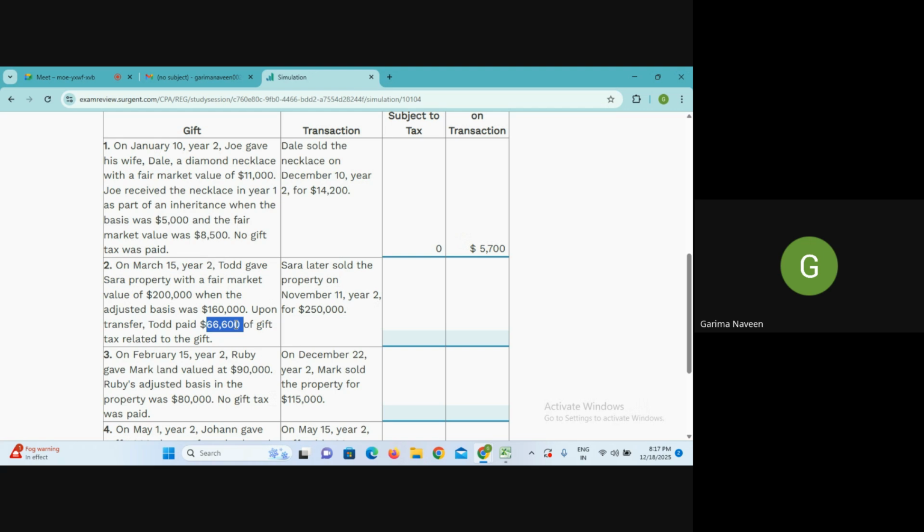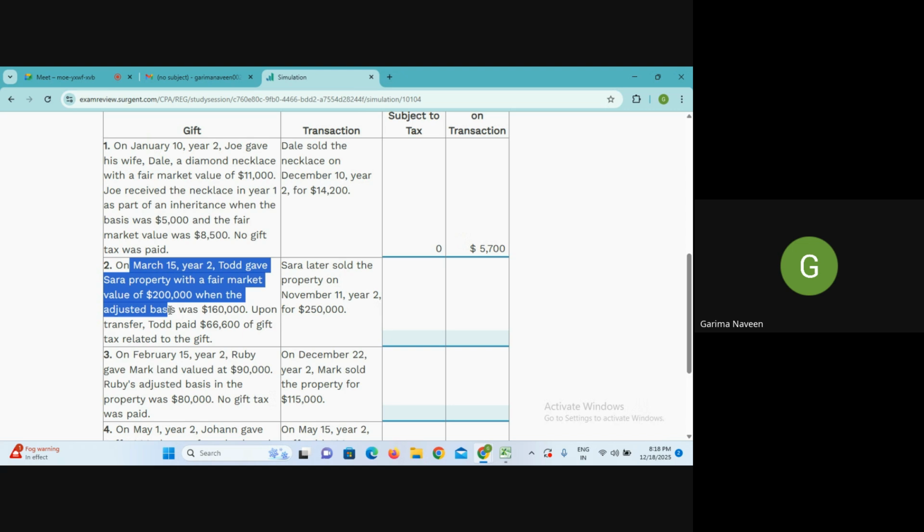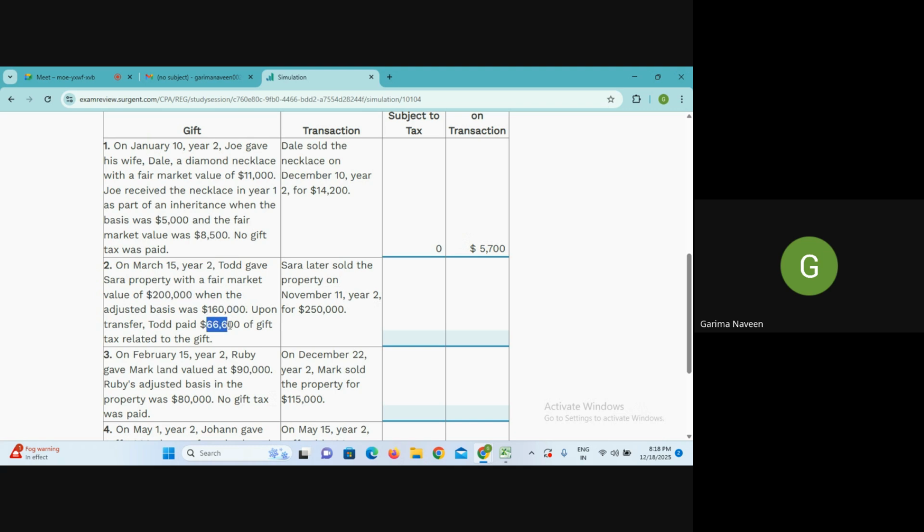So basically, this is also a case of gift. Here, no relation is given, so there will be no marital deduction, and the fair market value was this, and basis was this, and gift tax was this.